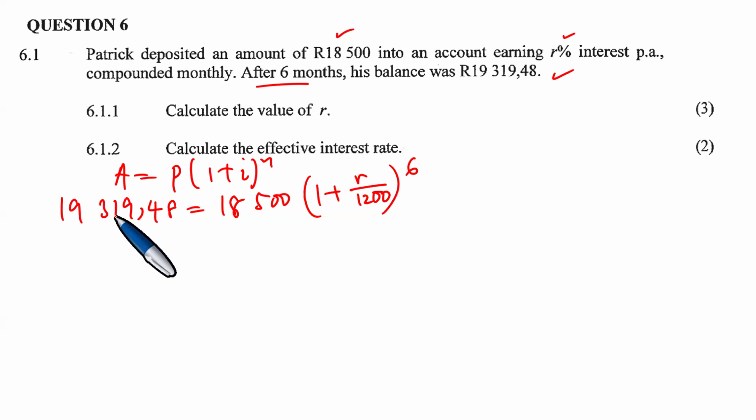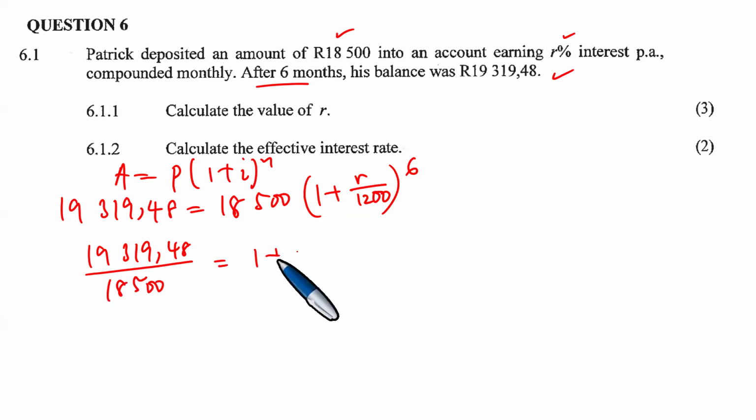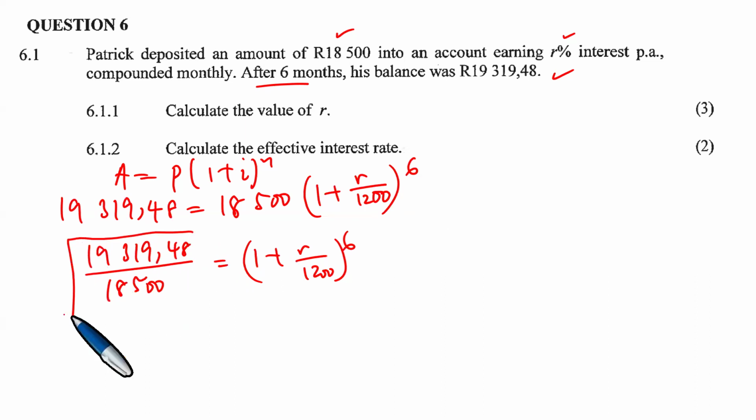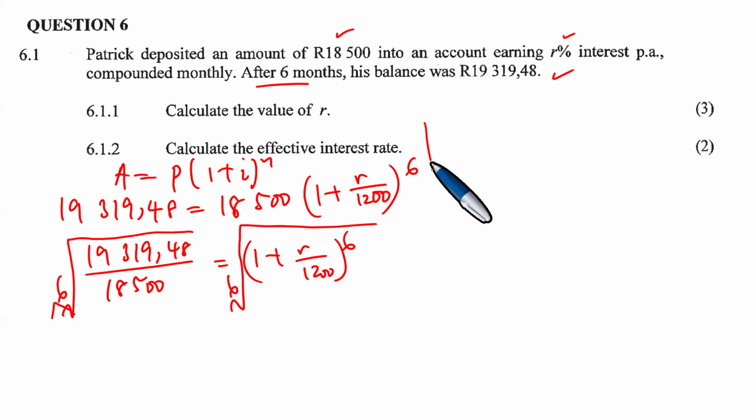Now let us continue to solve this particular question. So you divide by 18,500. So 19,319.48 divided by 18,500 is exactly 1 plus r over 1,200 to the 6th power. And what we then do is take the 6th root on both sides.